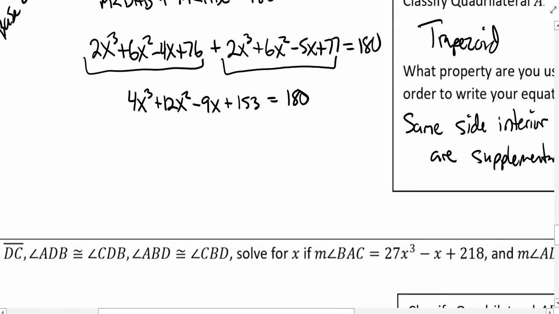Subtract 180 from both sides of the equation, you get 4x to the third plus 12x squared minus 9x, and then 153 minus 180, sorry, 27, so negative 27.